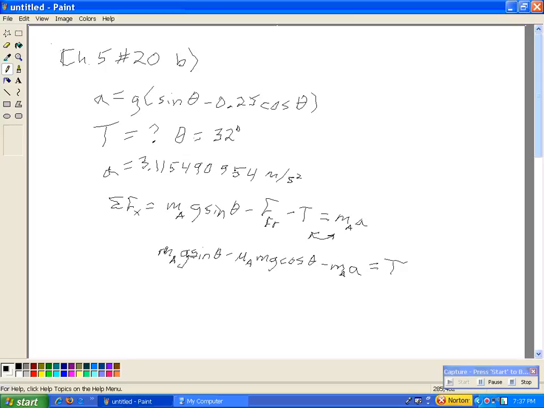We know that mass is 0.5, but it really isn't. It's 5.0 kilograms.